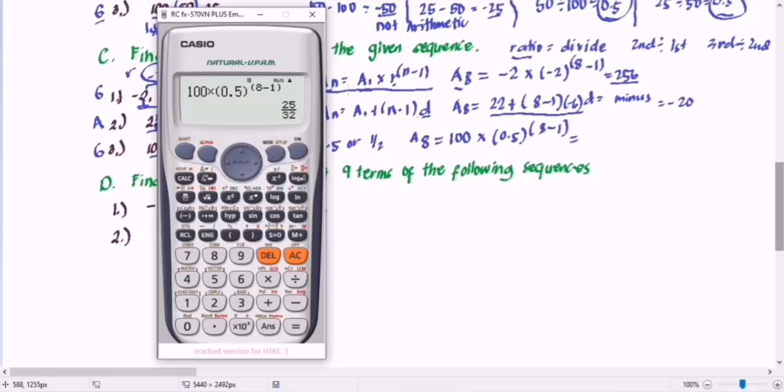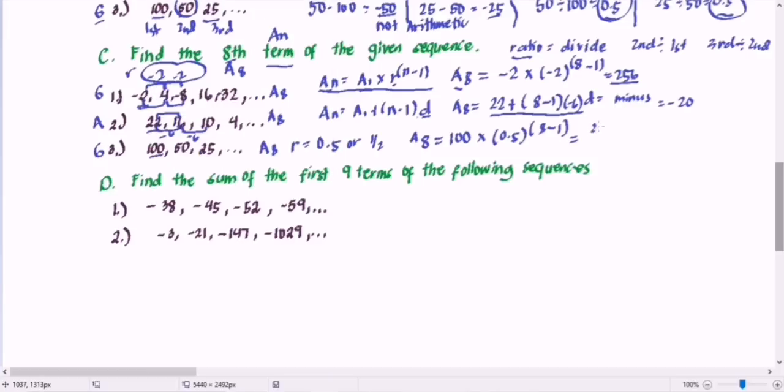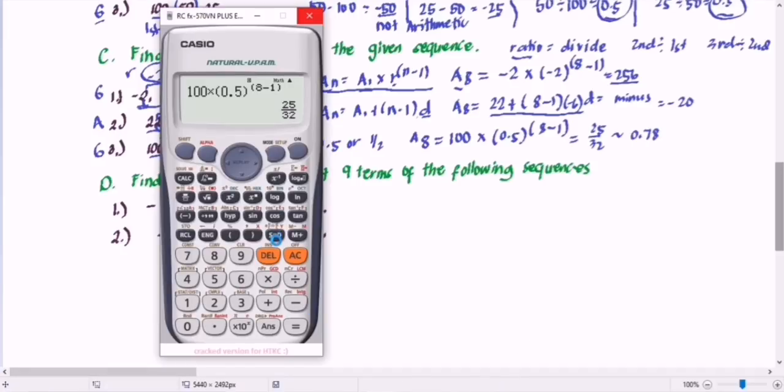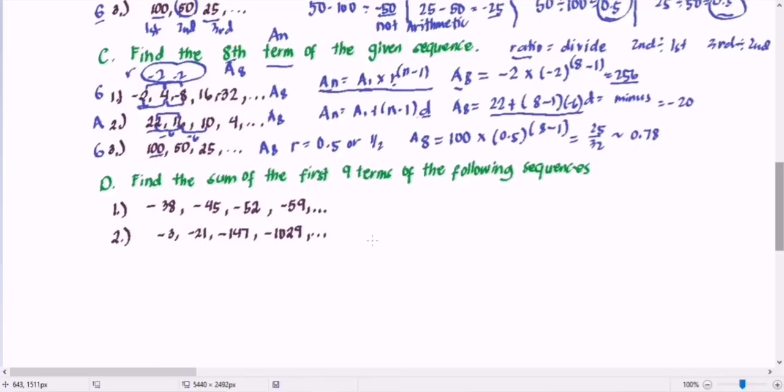So, that is our answer in number 3 of letter C. So, we're almost done.